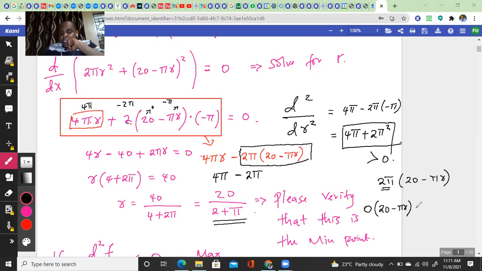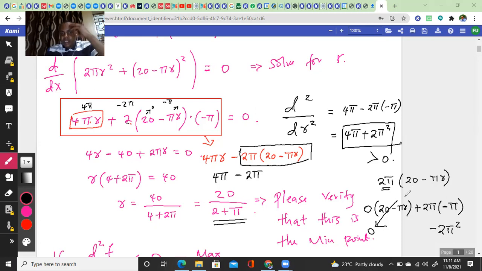And then on the second part, you keep the first function 2 pi and differentiate the second part, which becomes negative pi. So 0 times this quantity is just 0. And then 2 pi times negative pi is negative 2 pi squared. I think it should be clear because I have used the product rule.